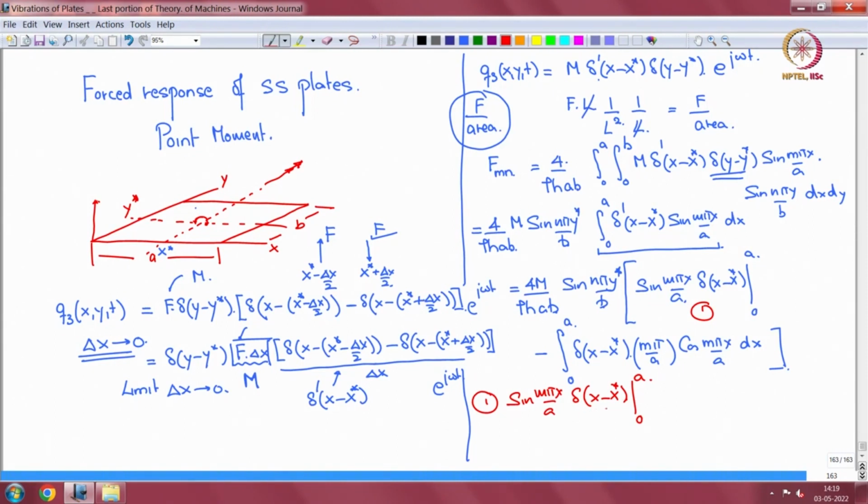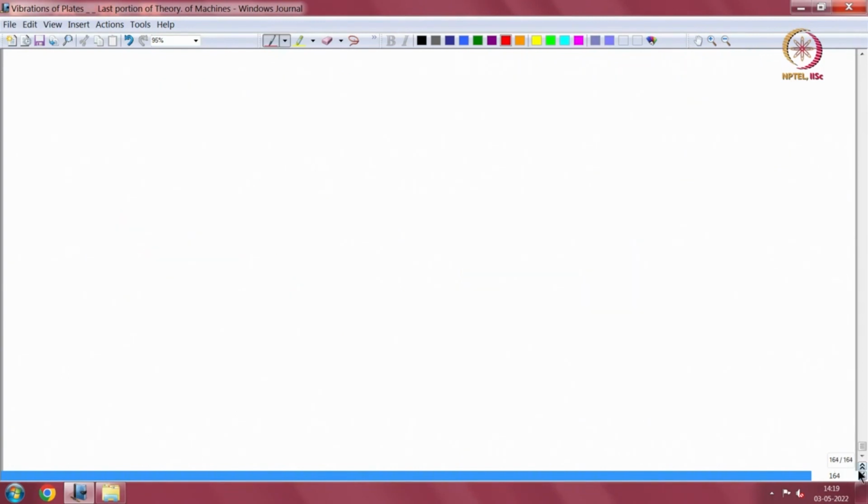So this delta function argument is not 0, and if I substitute either a or 0 here, sine is 0. So this term is 0, and I am left with this term. If we go to the next page, this is a delta function, so delta function properties will straight away hold. So what we have now is Fmn, or Fmn star, I think.